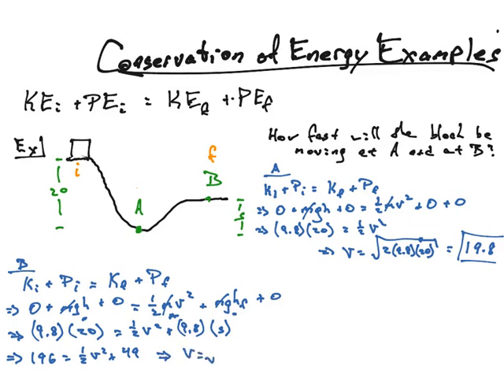So v is going to be the square root of 196 minus 49. So I brought the 49 over. And now 1/2 v squared is on the right, so multiply by 2 to get it over to the other side, and then I take the square root. So that's what I do. 196 minus 49 times 2, square root it. And here I get 17.15.